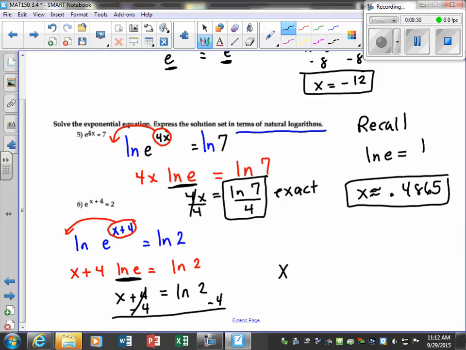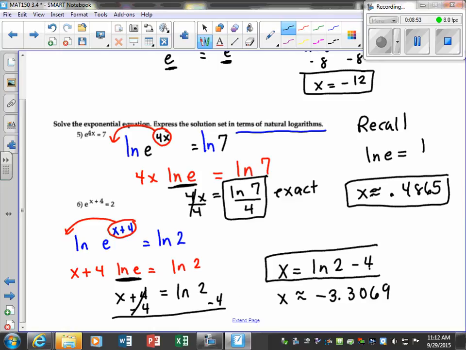And we get x is equal to the natural log of 2 minus 4. That's the exact. If you put that in the calculator, the approximate should give you negative 3.3069. So this is your exact answer, and this is your approximate, plugging that in the calculator.